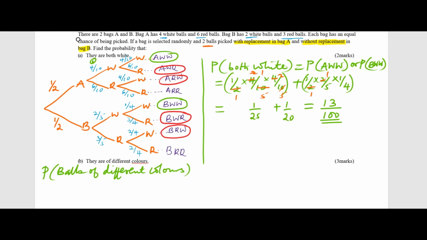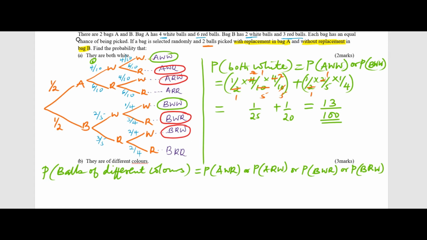So let's indicate them. So this will be given by the probability of A white red, or probability of A red white, or the probability of B white red, or probability of B red white.